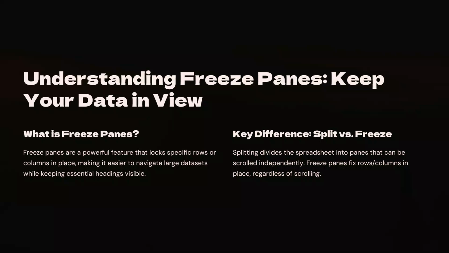So if someone asks you the definition of freeze pane, it is a powerful feature that locks specific rows or columns in place, making it easier to navigate through large data sets while keeping essential headings visible.